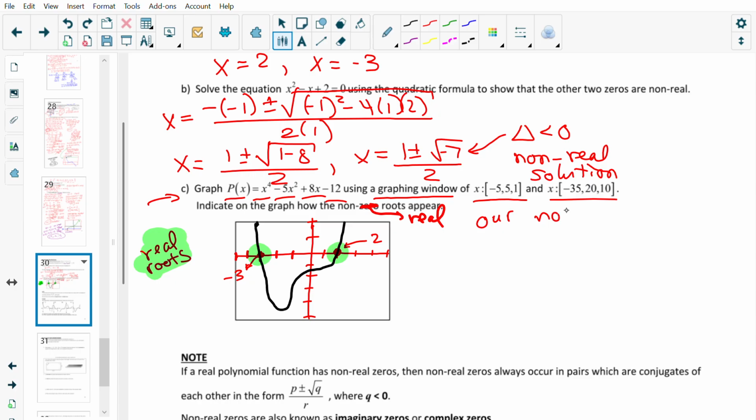So let me write a little explanation here. Our non-real roots are, so let's restate it from the top here. 1 plus or minus the square root of -7, over 2.